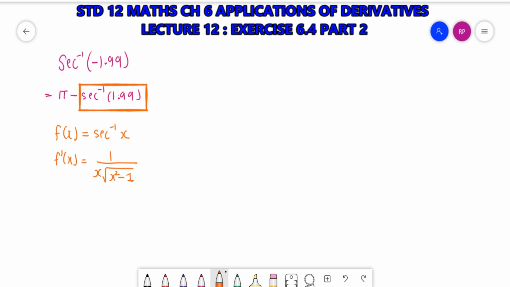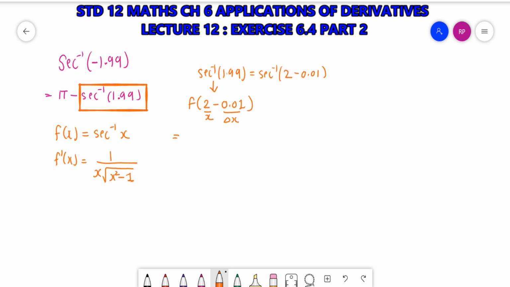That means sec inverse 1.99 will be equal to sec inverse 2 minus 0.01. So we will find f of 2 minus 0.01. So this is our x and this is our delta x, right? So sec inverse 1.99 we can write down in this way.